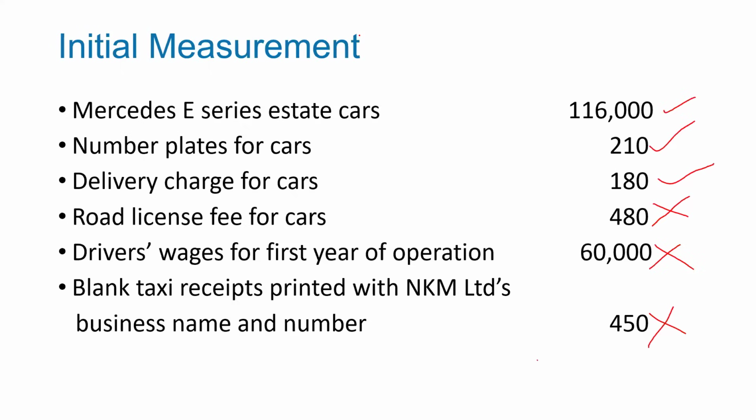Every other year you incur that cost, so we don't capitalize it. You need to determine the value of the vehicle before you even go to that stage. So the road license fee is a recurring expenditure, a revenue expenditure.